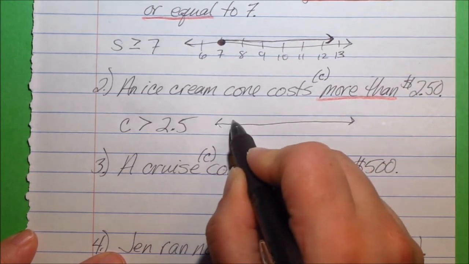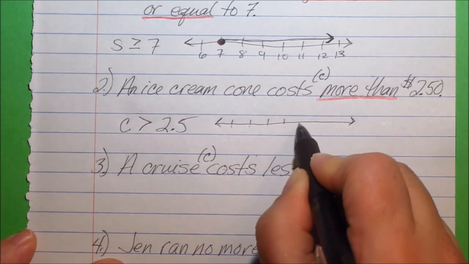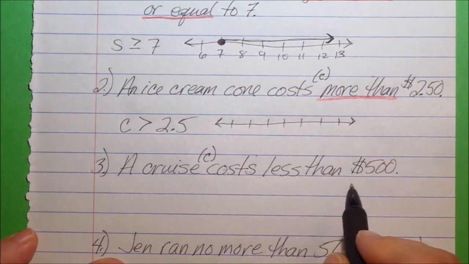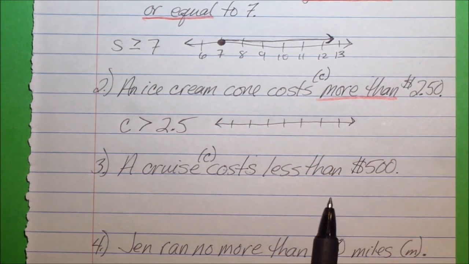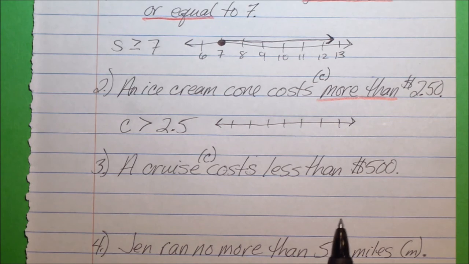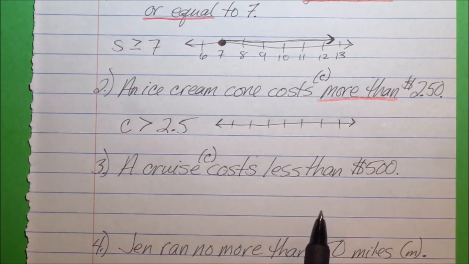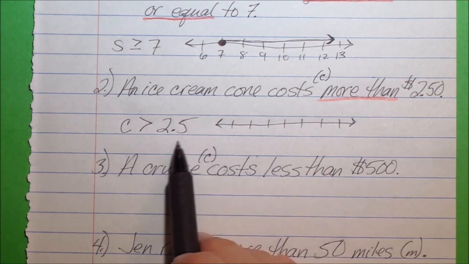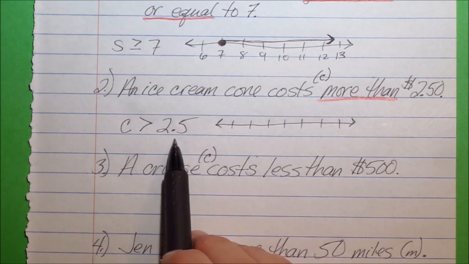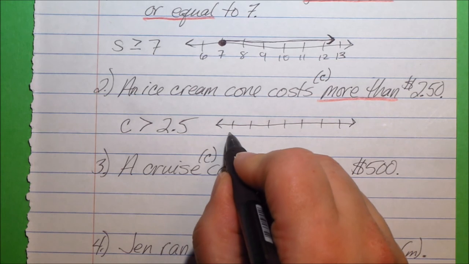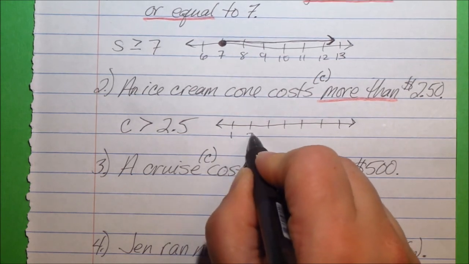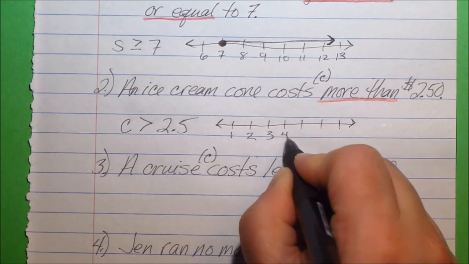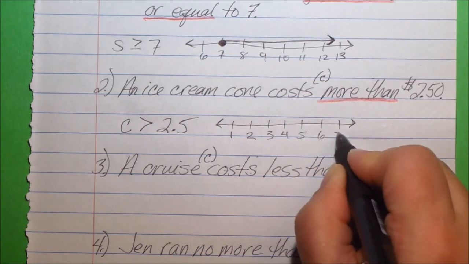Well, I'm going to mark out my number line here. And don't worry, on your worksheets, you're always given a number line, and then you just do the graphing on it, so you don't have to do this roughing a number line like I'm doing here. Okay, well, I know it's going to be greater than 2.5, so I am going to start with a 1, 2, 3, 4, 5, 6, and 7.